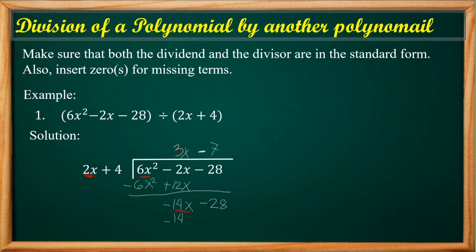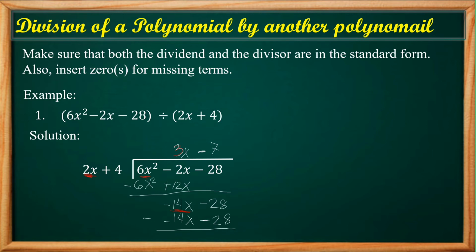Then we have x. Next, negative 7 times positive 4. Negative times positive is negative, so you will have here 28. Then, after that, we subtract. Negative 14 minus negative 14, the answer is 0.